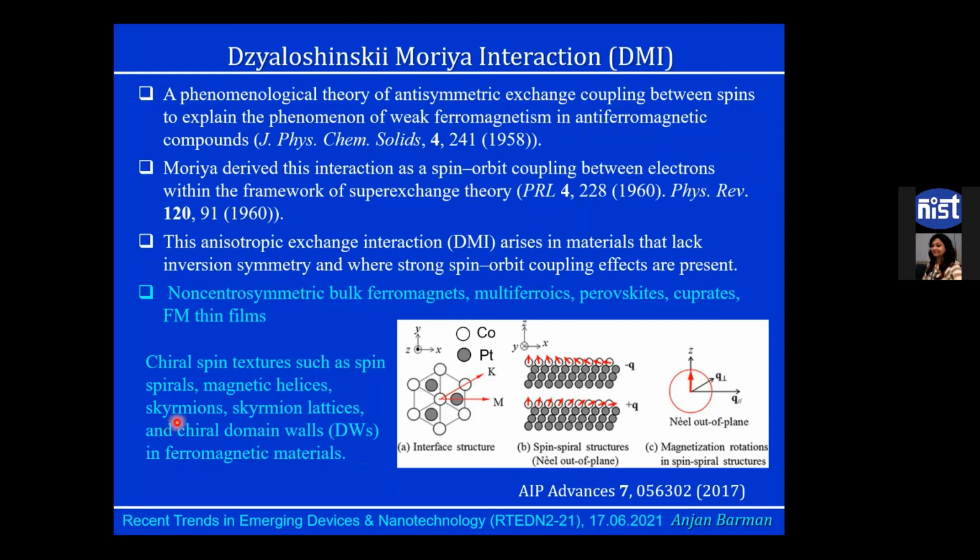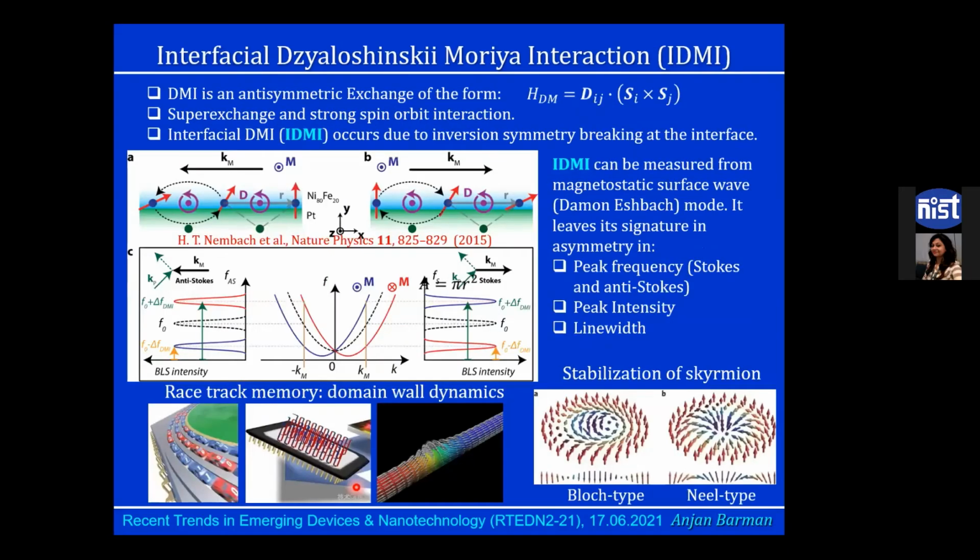Skyrmion, for example, is a topologically protected structure, so you cannot really change its topology very easily. But the origin of skyrmions and all these lies in the occurrence of interfacial DMI, or Zalesinski-Moria interaction. So we wanted to study that.